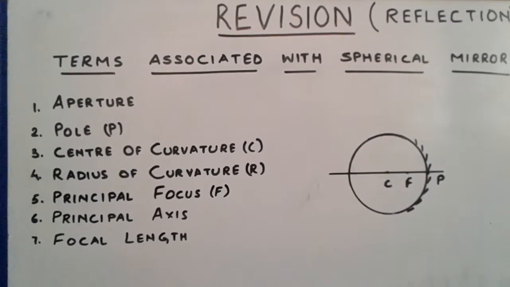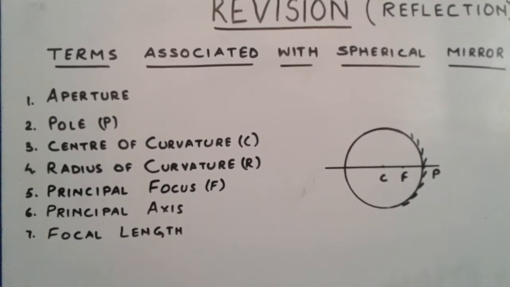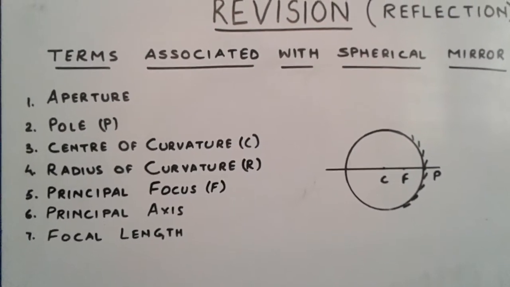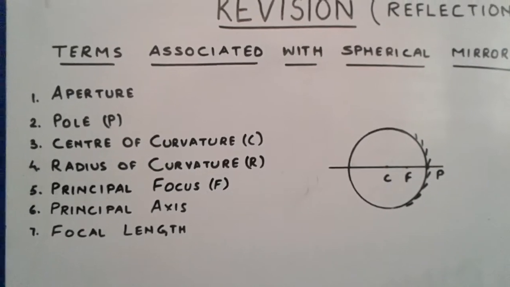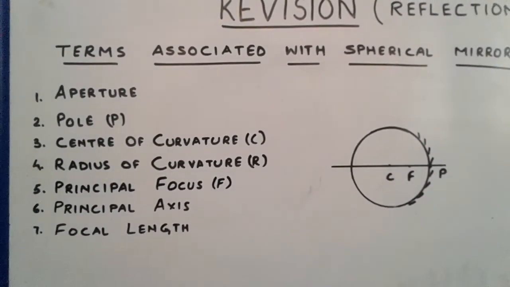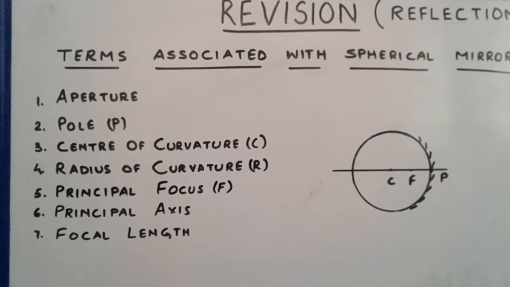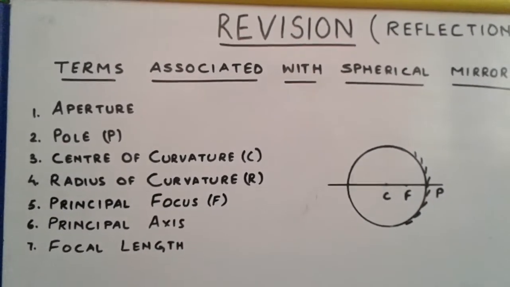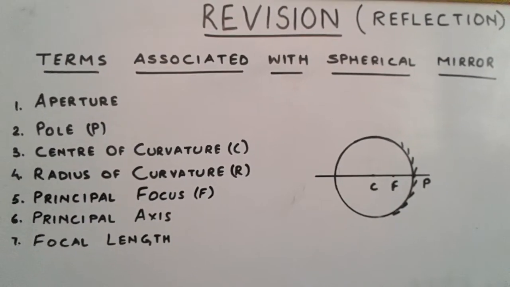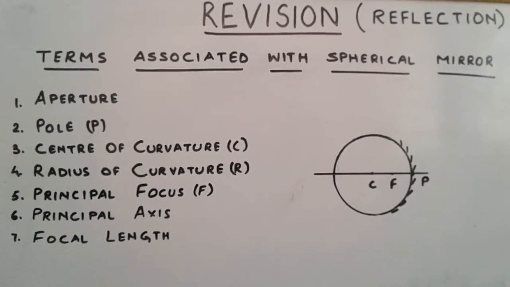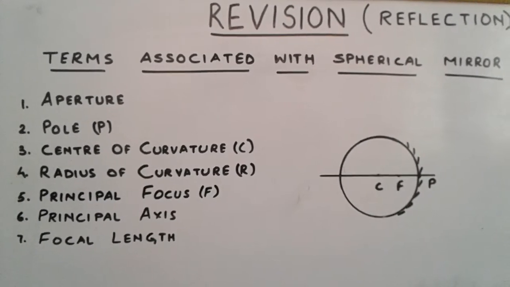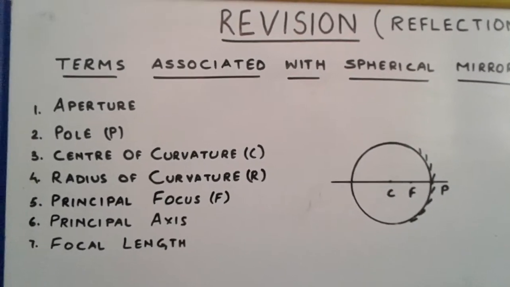The radius of curvature is the distance between P and C. The principal focus is the midpoint between P and C, and all the rays meet at this particular point. The principal axis is the main line on which the object and the image are formed, and the focal length is the distance between P and F.